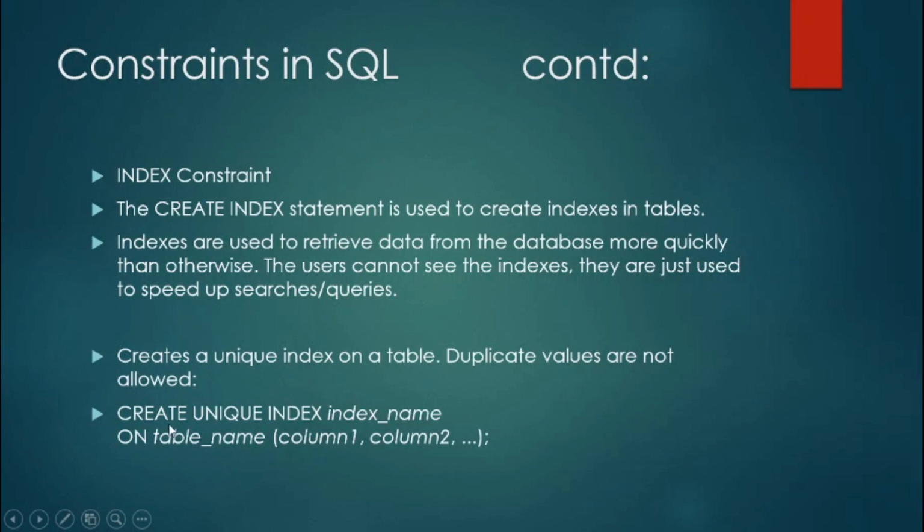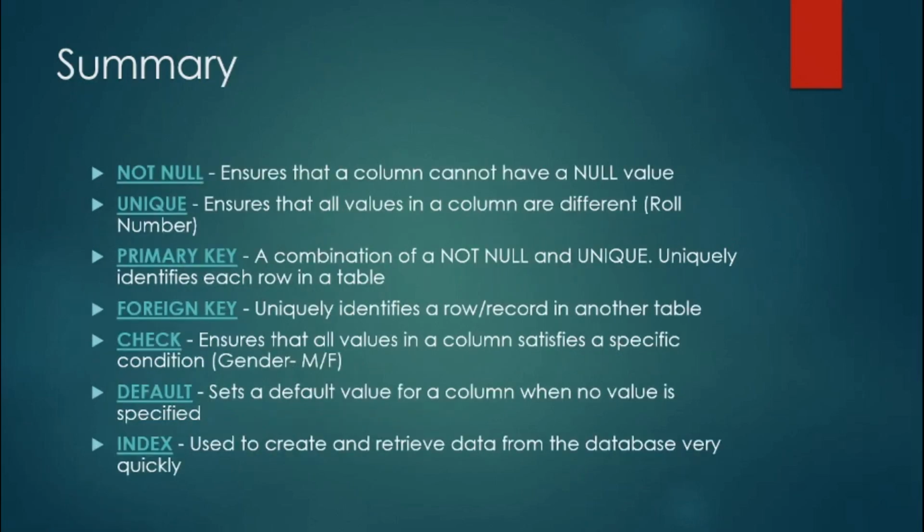You can see here CREATE UNIQUE INDEX index name ON table name (column 1, column 2). So what it is doing is creating a unique index, and we are providing the name of the index, the table name and the columns that we are using. So this is about the index constraint.